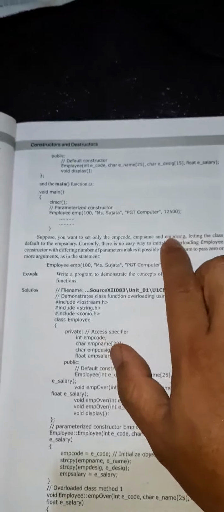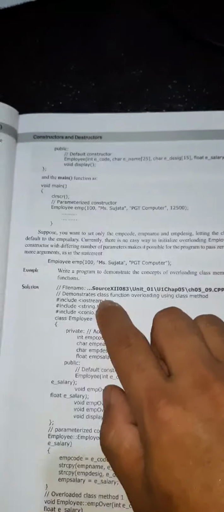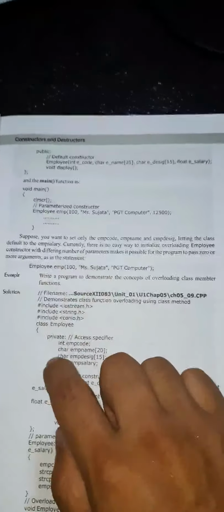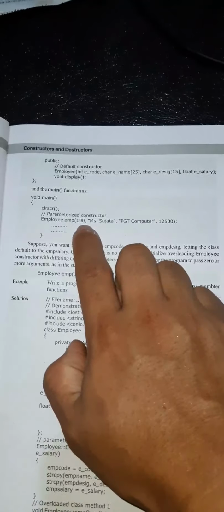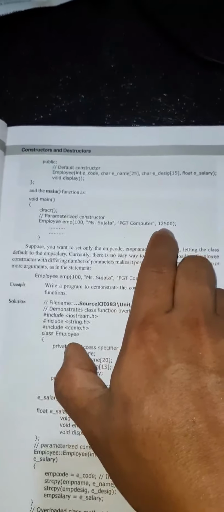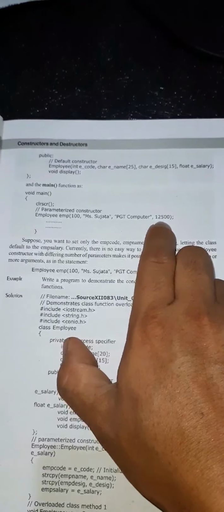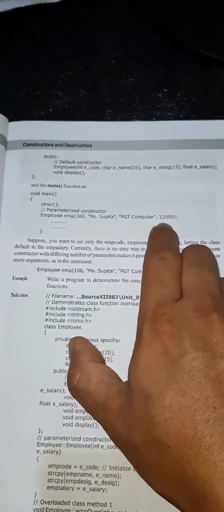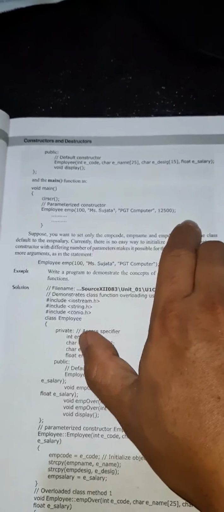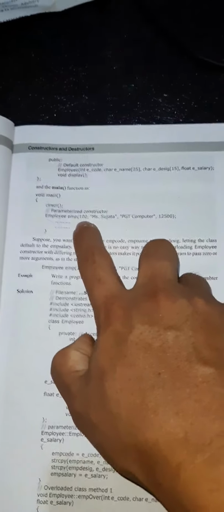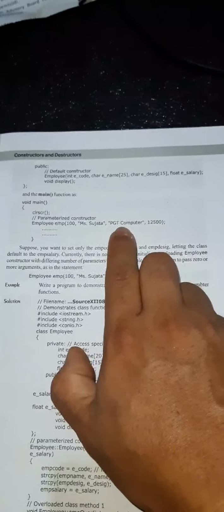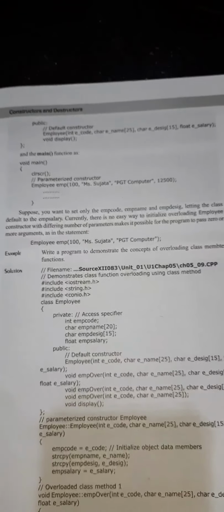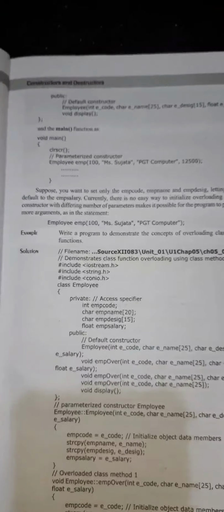Now if you have to use overloading of member functions, it may be possible that you just want to pass the employee salary, and let the salary be the same for all the employees. But the employee code, name, and designation might be different. So now we can relate this to a real world problem.